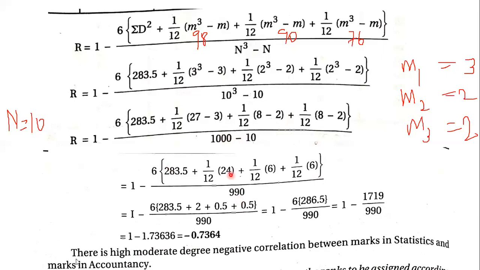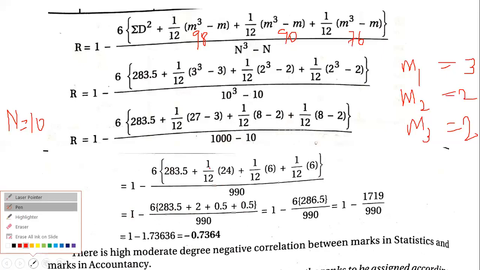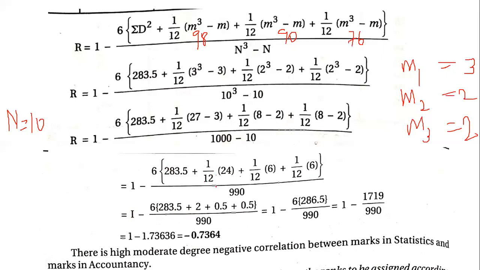Okay. Now next step, 1 minus 6 into 283.5 plus, if you take this value here, 12 ones are 12 twos are. Since it is multiplication, I can do this calculation. Okay, cancellation. So 12 ones are 12 twos are, that will give me 2 as the answer.